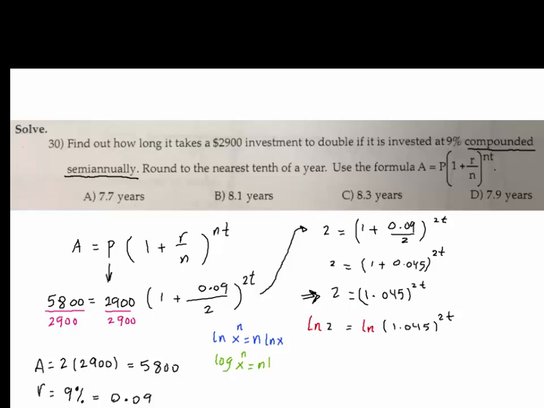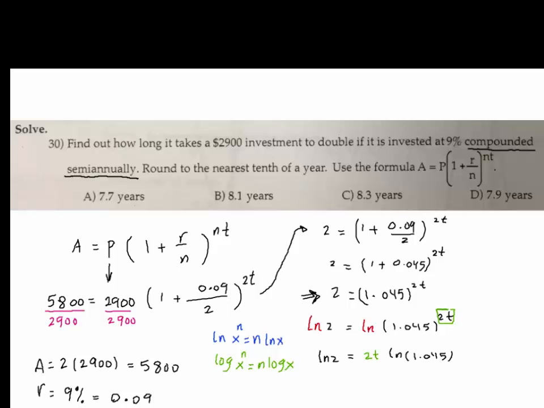So that's how you can move the variable in the exponent. This 2t, in this case, can move right in front. So this would be 2t times natural log of 1.045 is equal to natural log of 2.